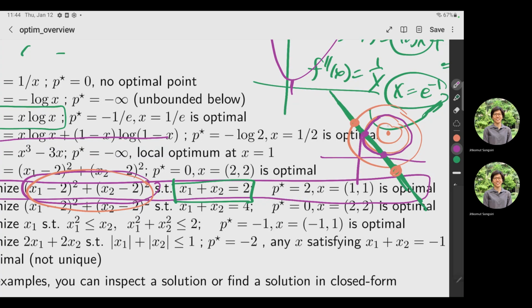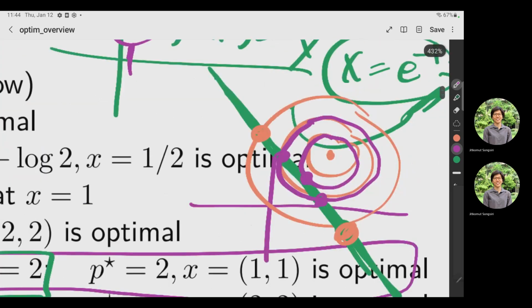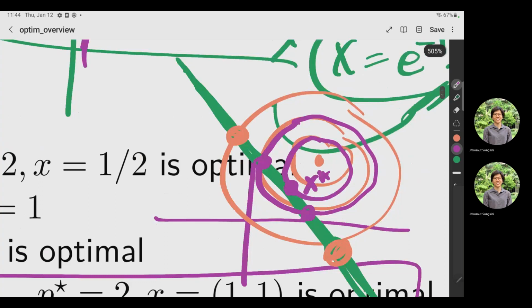Can everyone agree that I should pick the smallest contour I can, as long as that contour intersects with the constraint set, which is a straight line in this case. So my optimum point is here. This is how I sketch the solution graphically, because the problem is simple enough and allows me to do so.